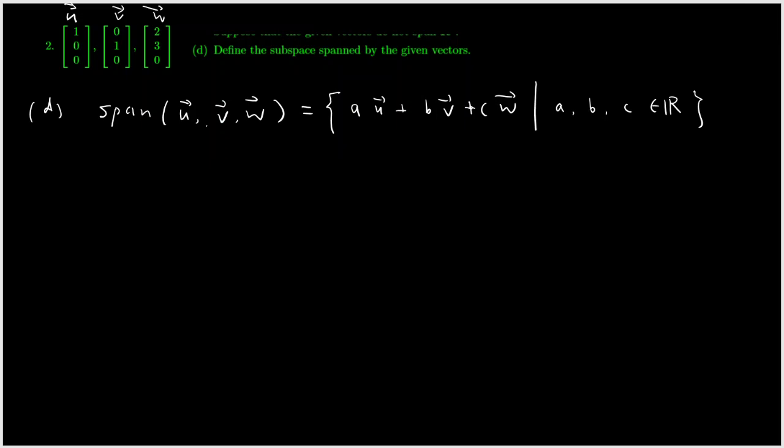I believe you. We'll take that for granted. So that's how we define the subspace spanned by the given vectors. Now we'll take that as the answer to question D.